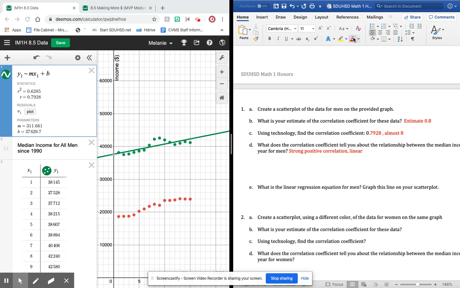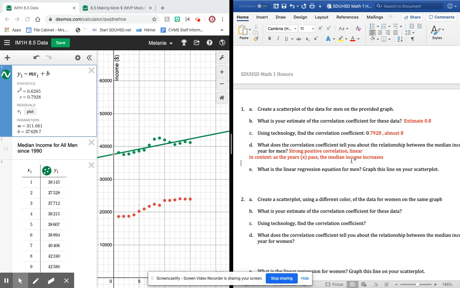And then if I wanted to say, in context, since it has a strong positive correlation, I would say as the years, which is x, pass, the median income increases. The median income being y, you can see as x increases, y increases for the most part. It goes down a little bit here, but for the most part it increases.